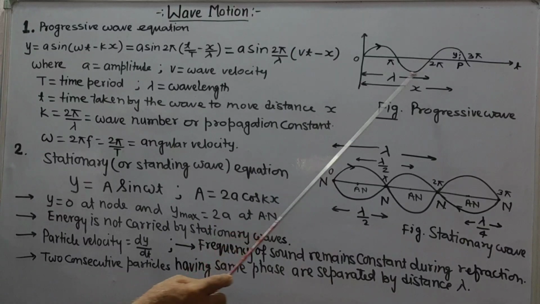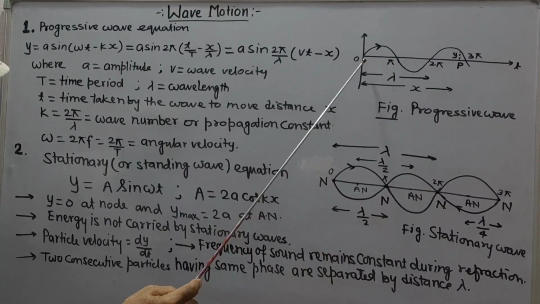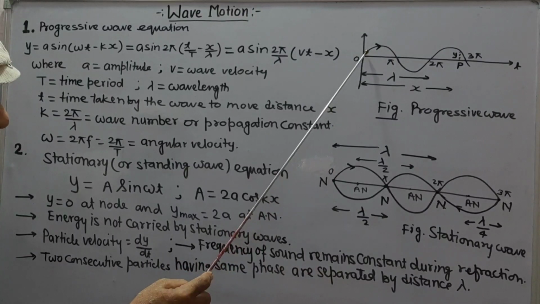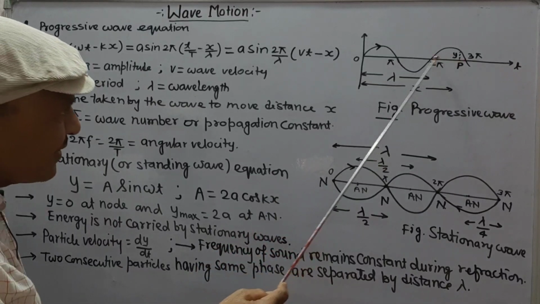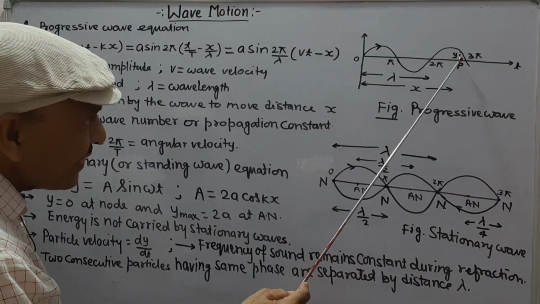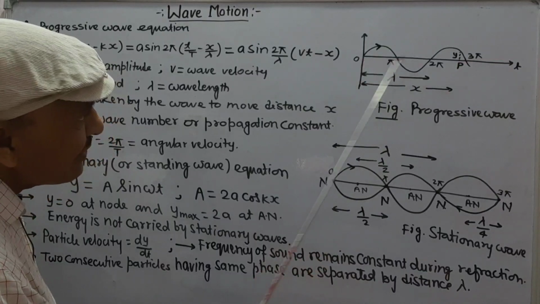Here lambda is the wavelength of the progressive wave, capital T is time period, small t is the time taken by the wave to reach a point P at distance x from the origin.